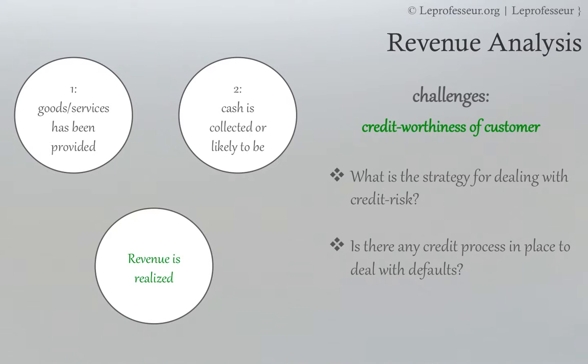But what happens if the firm is not a bank, it's just a finance company? Do they have any strong process to deal with defaults, or does accounting take into account default risks? So these are important challenges. These are questions one should be thinking about while analyzing revenue.